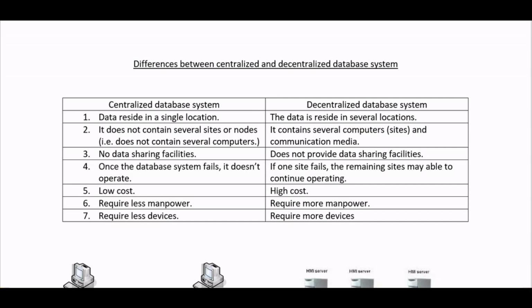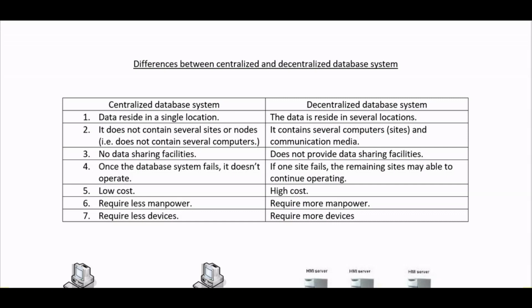It does not contain several sites or nodes, and it does not contain several computers. It is stored in a single place.